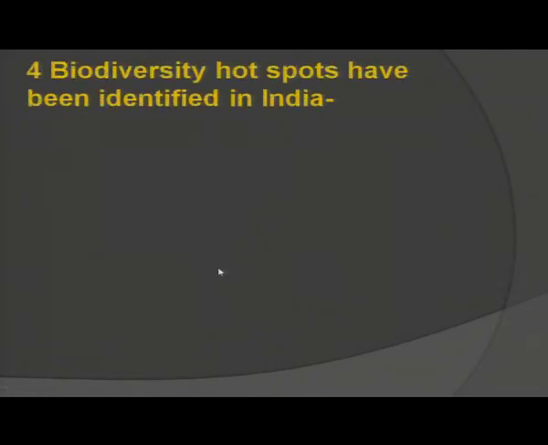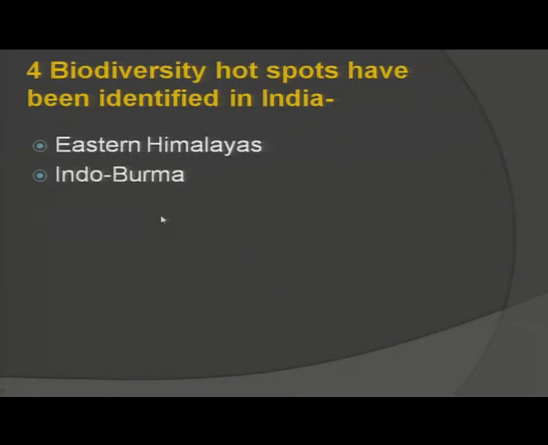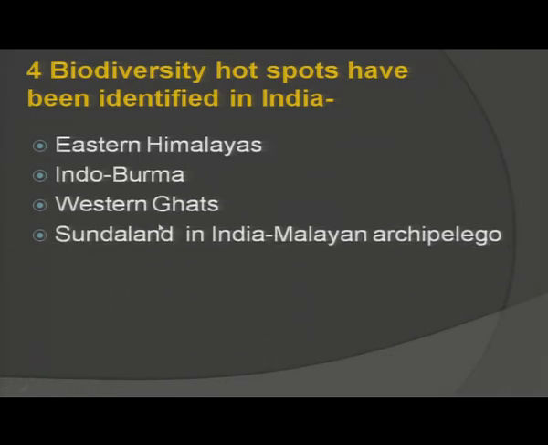India is a megadiverse country and it also has a number of hotspots. At least 4 biodiversity hotspots have been identified in India according to the present data: Eastern Himalayas, Indo-Burma, Western Ghats and the Sundaland in the Indo-Malayan archipelago.